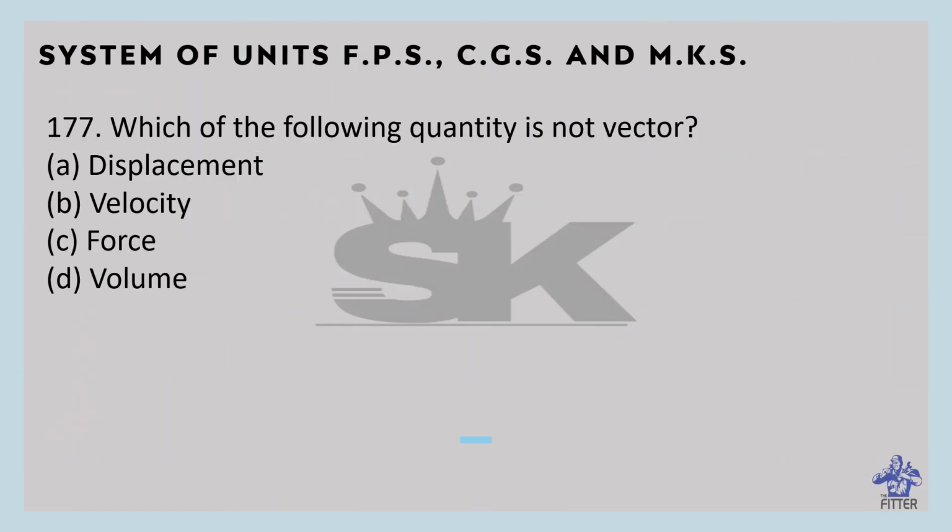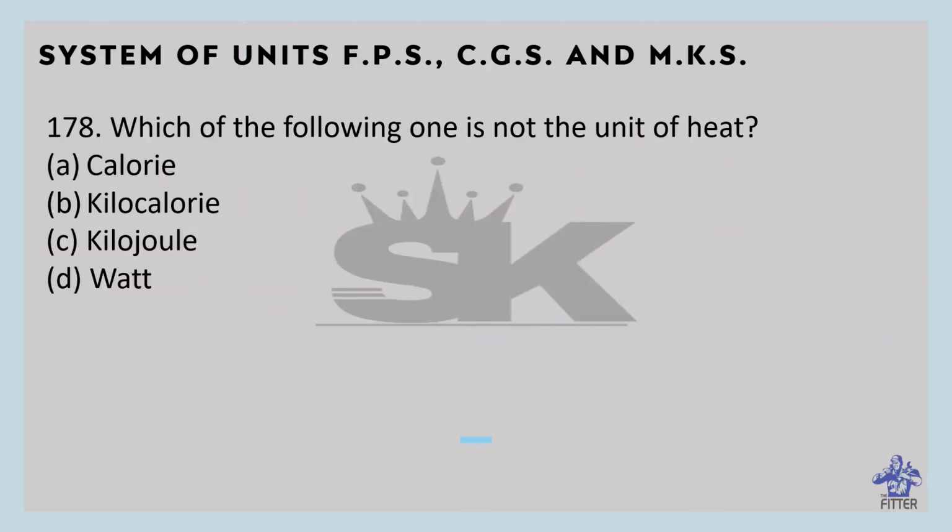Which of the quantity is not a vector? That is option D. Which of the following is not the unit of heat? That is watt.